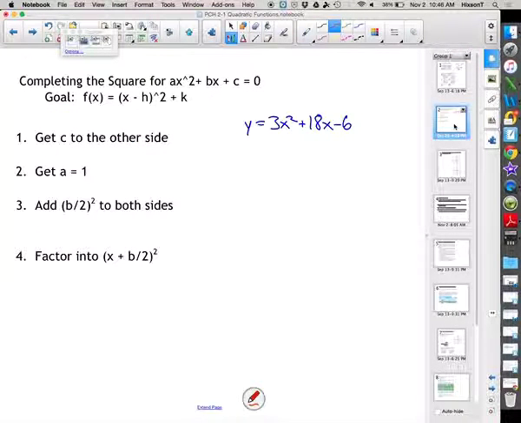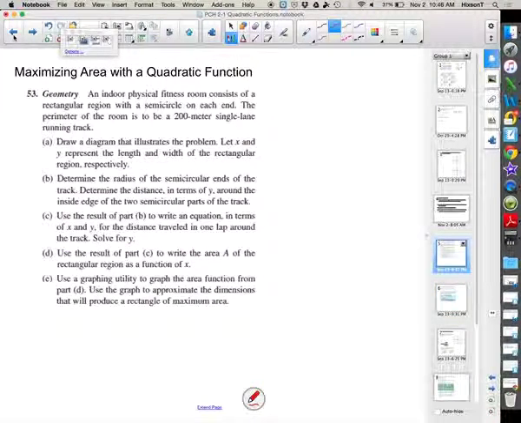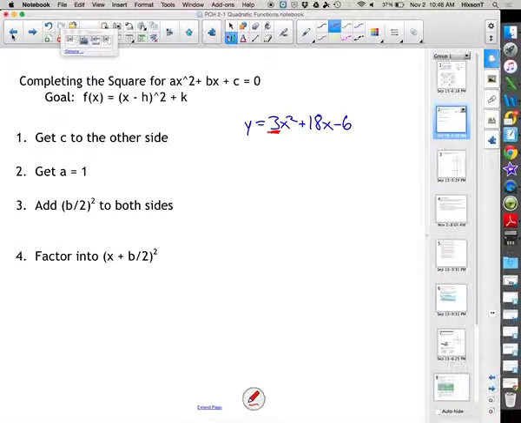And I want to show you 2 kind of alternatives to how to handle when this number here is not a 1. Okay, the process is super easy if you've got a 1 there already. There's a little extra level of complexity if we have something that's not a 1.